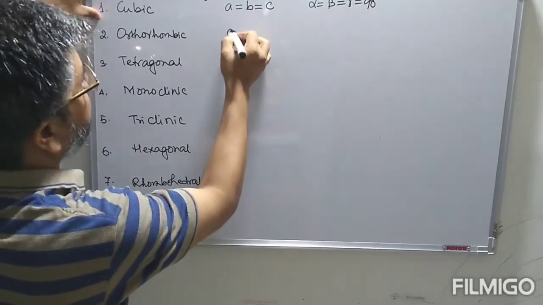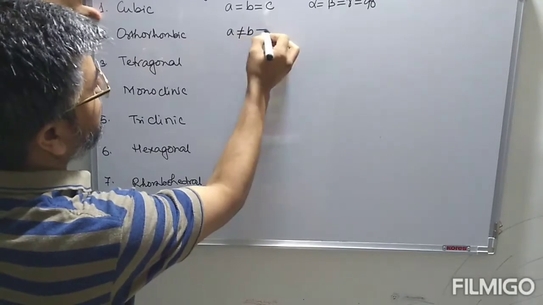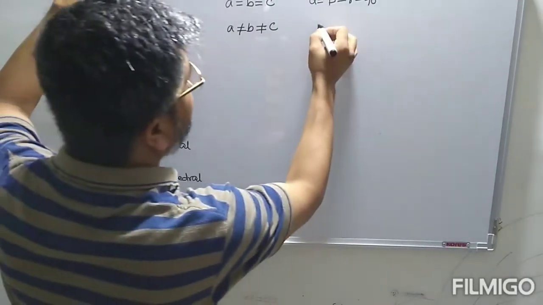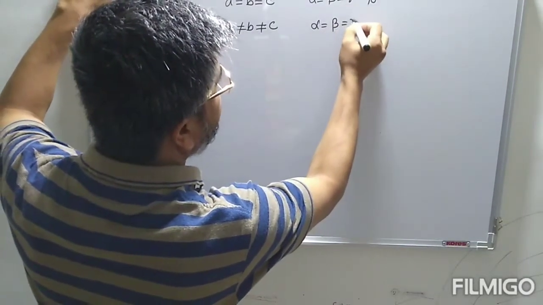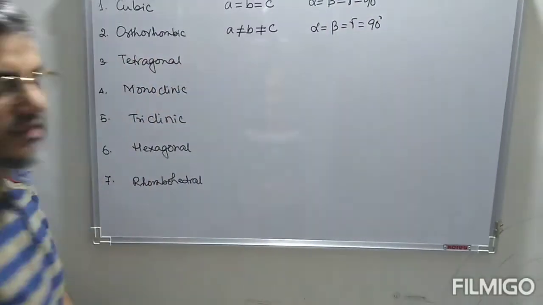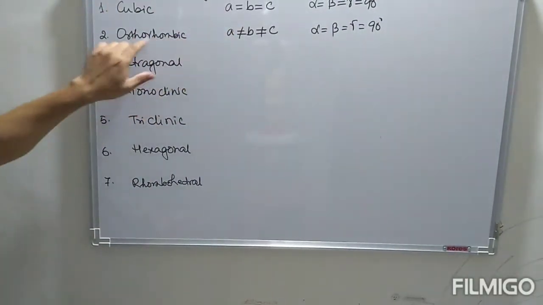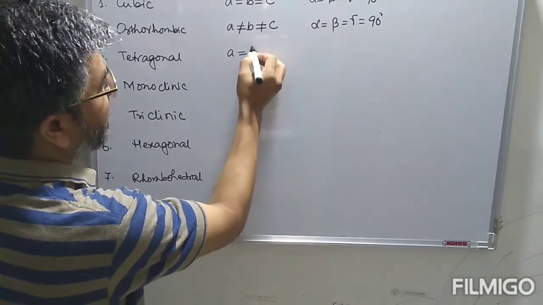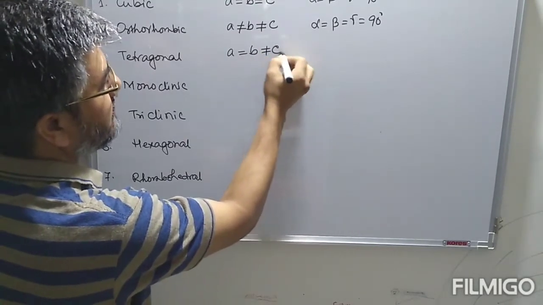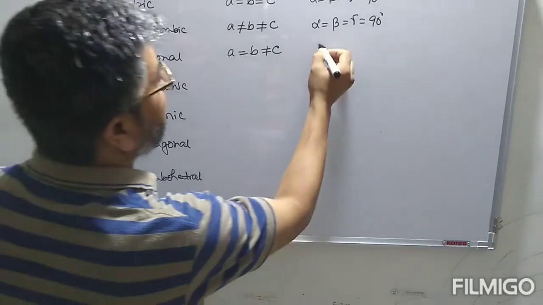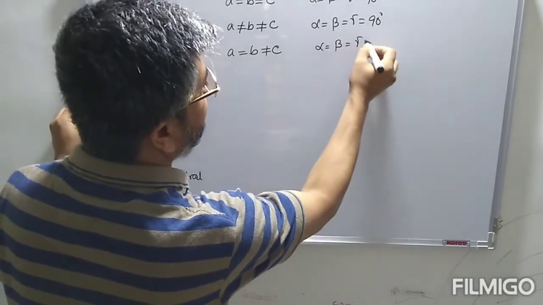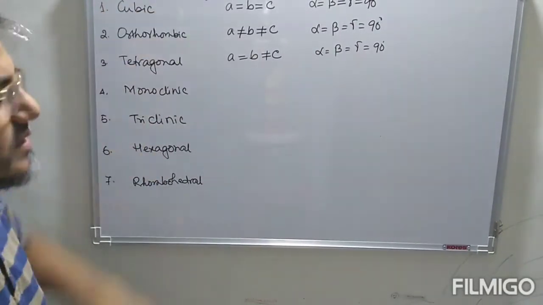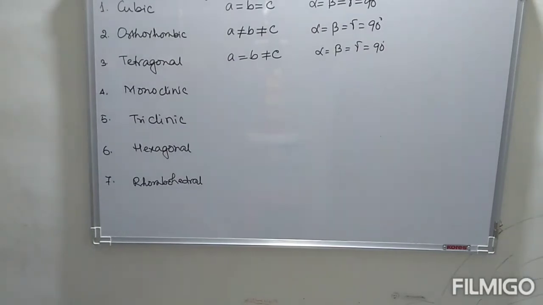Orthorhombic: A is not equal to B, not equal to C. The edge lengths are different, but the angles between the edges are identical, equal to 90 degrees. If we have this combination, that is orthorhombic. Tetragonal: two edge lengths are identical, but the third one is not the same, and the angles between the edges are all 90 degrees. So we have this tetragonal unit cell.